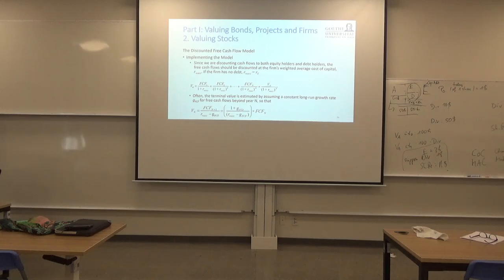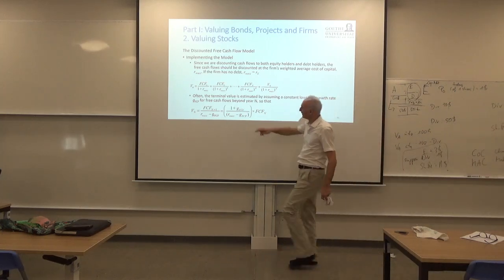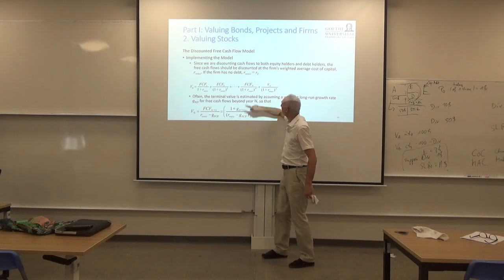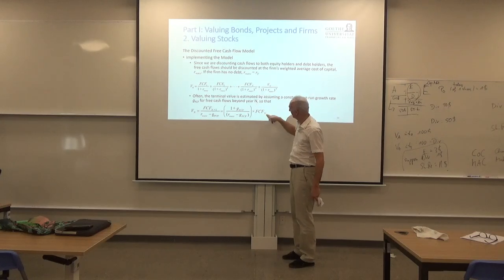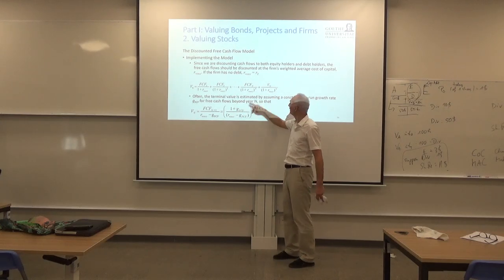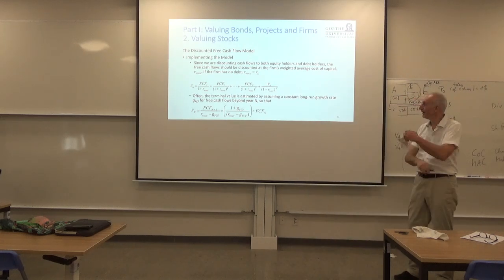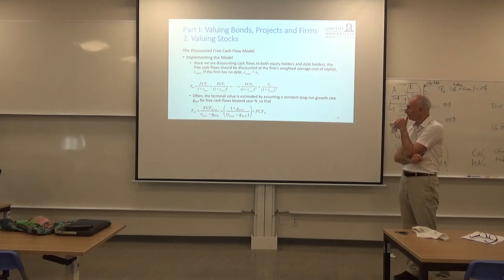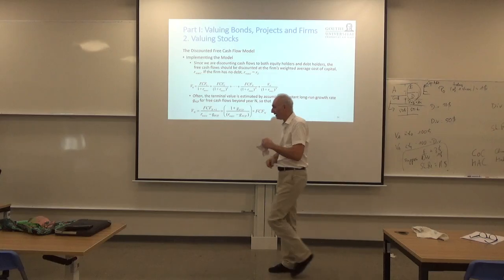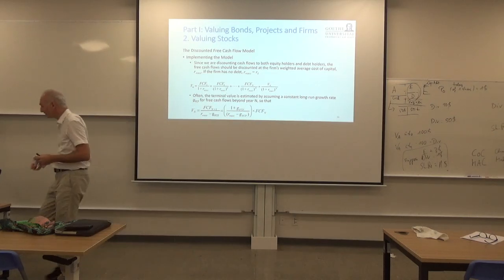So when you apply this formula, always remember this is 1 year later than this one in these formulas, otherwise it doesn't work. So here in this formula, this is n plus 1, but we have only n. So we take this n, multiply by 1 plus g, and then we have the n plus 1. So, straightforward to do this.